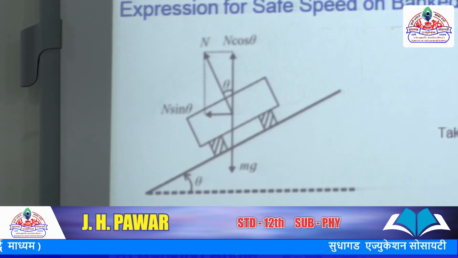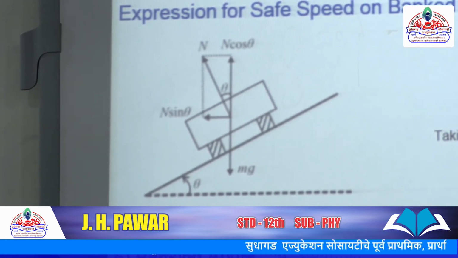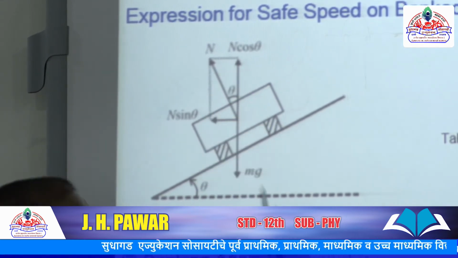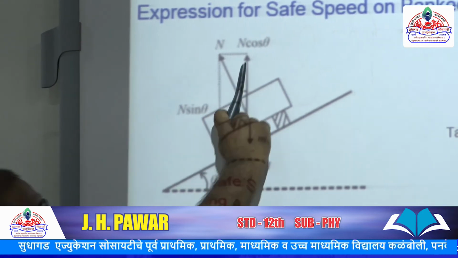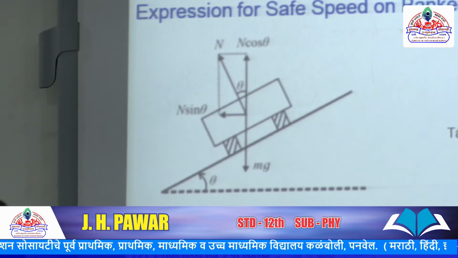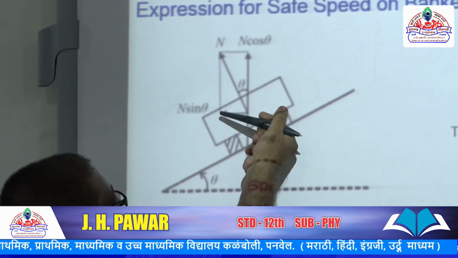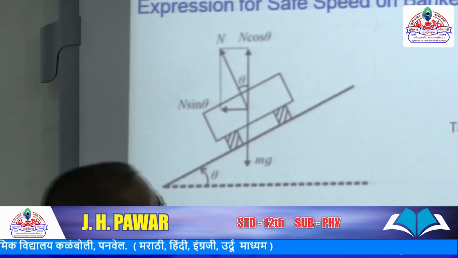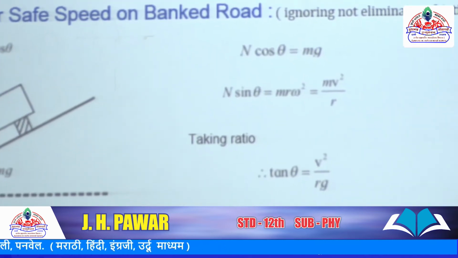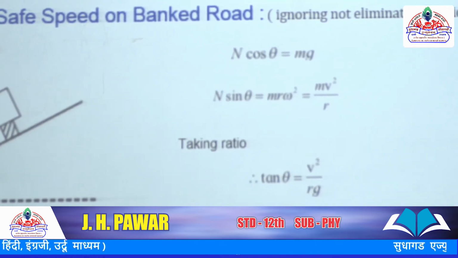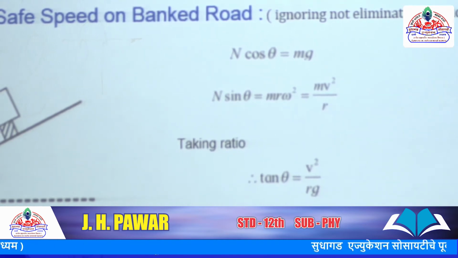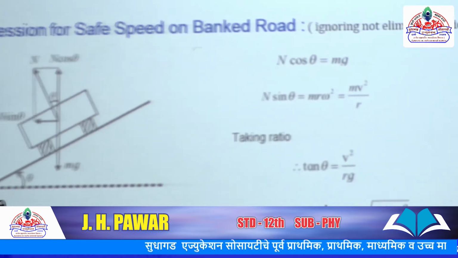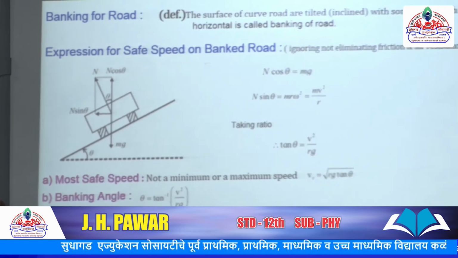Then this force of reaction is resolved into two components for our convenience, using resolution of vectors. Here the n cos theta component is vertically upwards, and the n sin theta component is toward the center of the circular track. Now look at the thing: the n cos theta component balances the weight, that means n cos theta equals mg, and the n sin theta component provides the necessary centripetal force, or you say balances the centrifugal force.